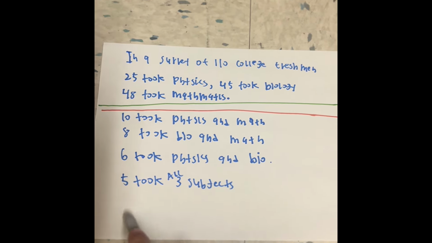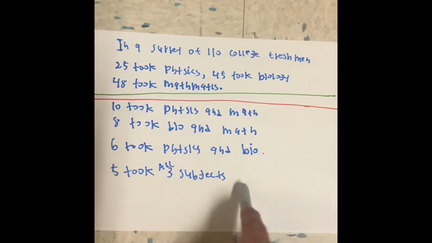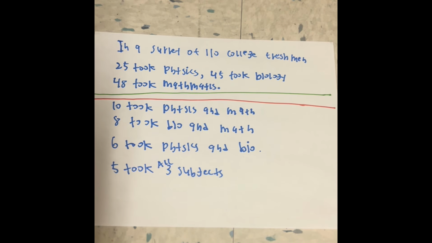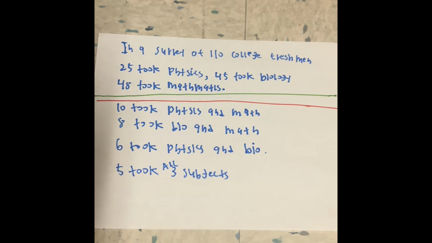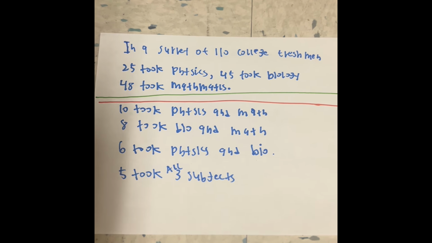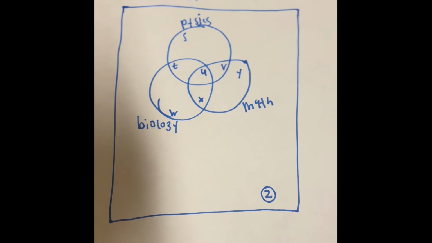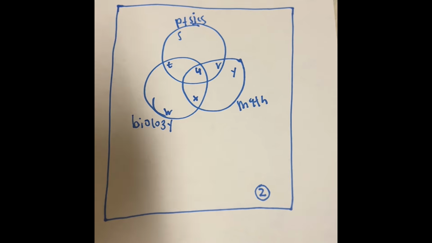But the last information is 5 took all of the 3 subjects. So this does sound like a lot of information. But for us to understand how to visualize and organize, we will use a Venn diagram right over here.